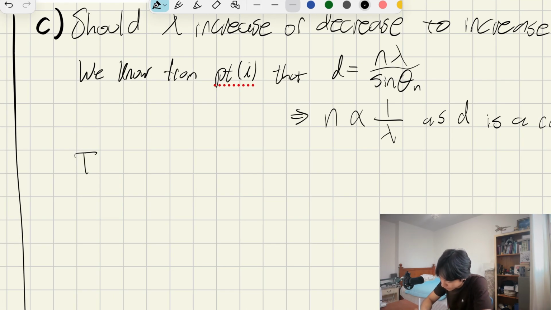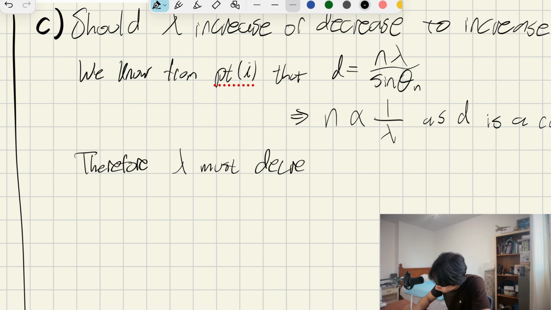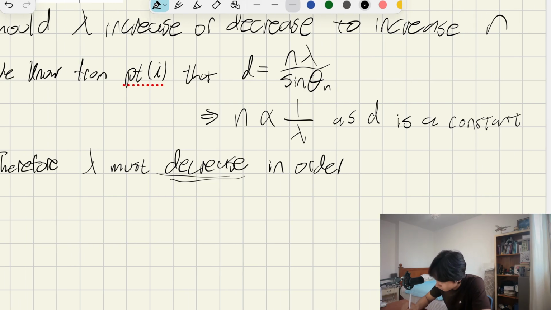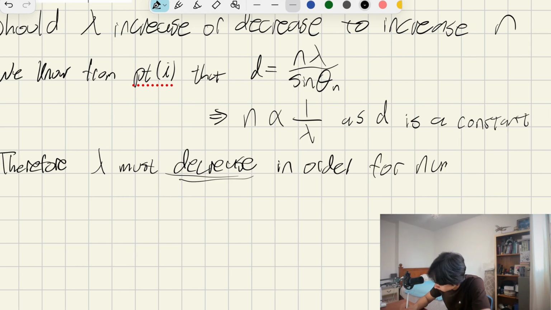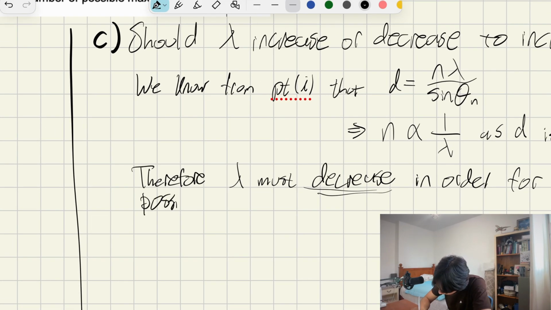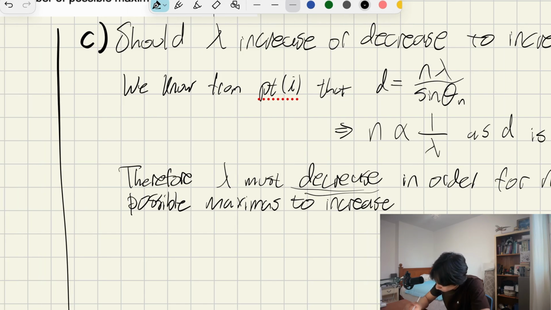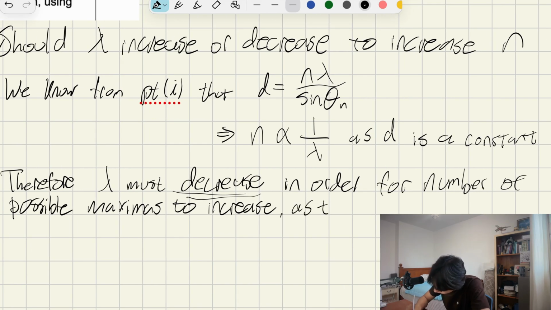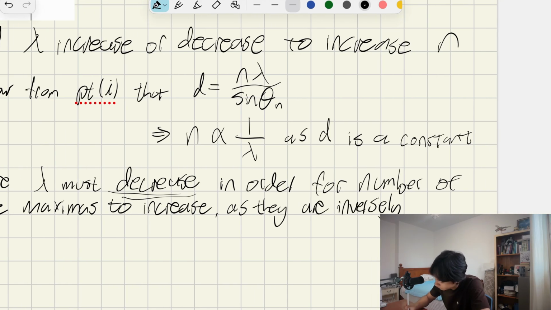Therefore, lambda must decrease, right? Decrease in order for the number of possible maxima to increase, as they are inversely proportional to each other.